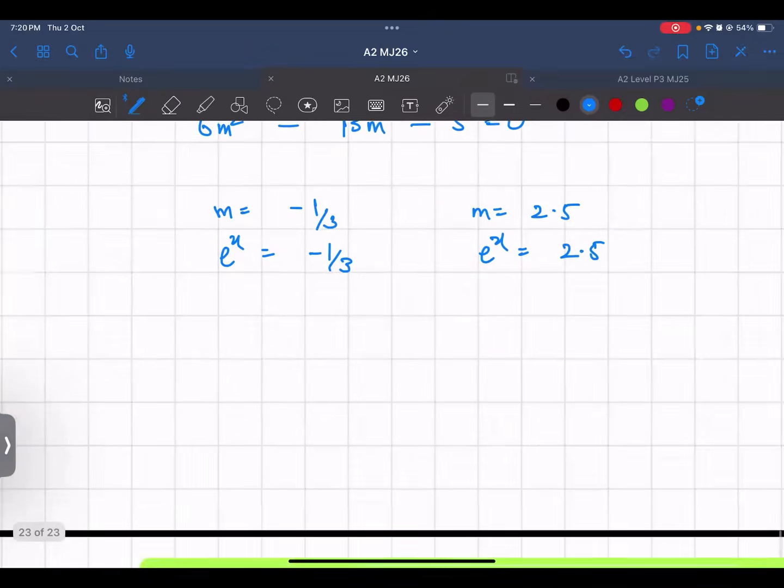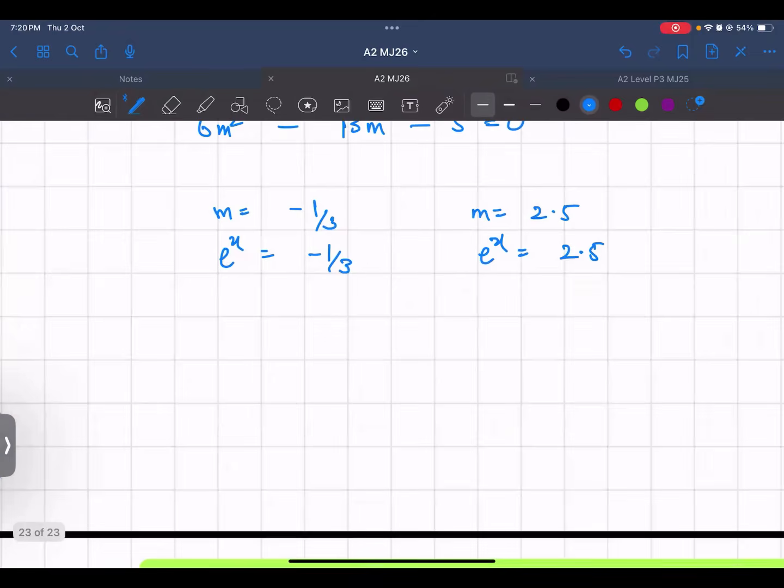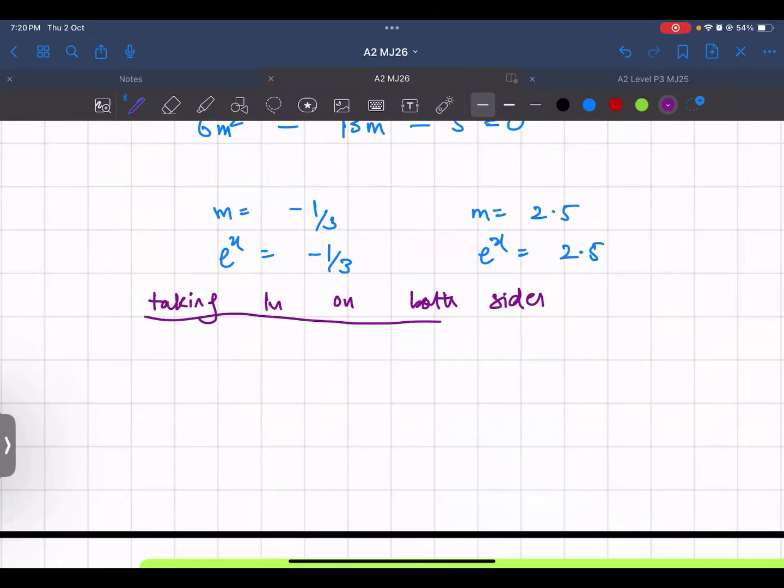Now what do you do? One more thing. You can either convert it into logarithmic form, get the answer. Another thing that you can do is ln on both sides. This is something new. Taking this also helps. This is also which I have used a lot in my time.